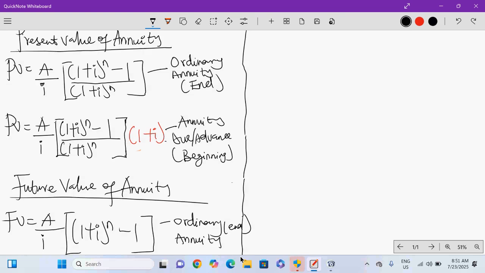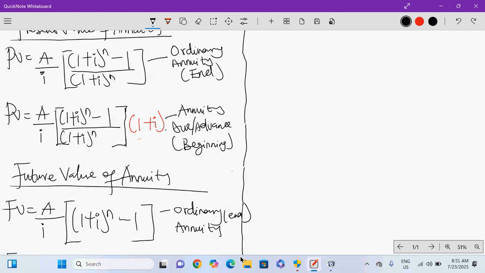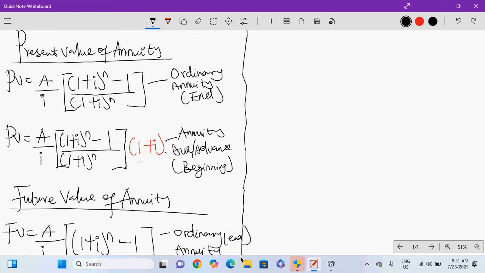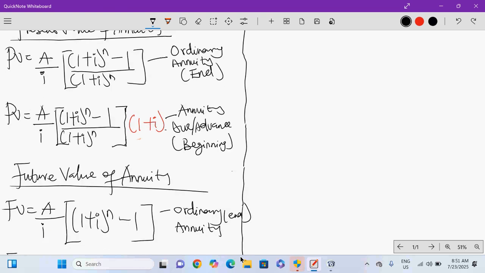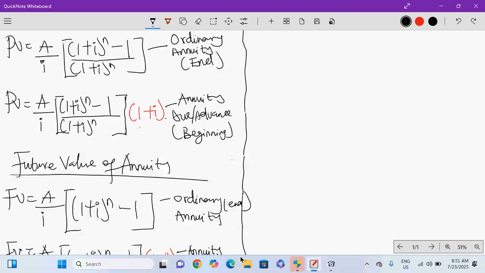It's not difficult. You can see the difference between the present value and the future value is that with the future value, the one in bracket is not divided by 1 plus I exponent n, but the present value is having that: 1 plus I exponent n minus 1 divided by another 1 plus I exponent n. So get the difference. It's not difficult.